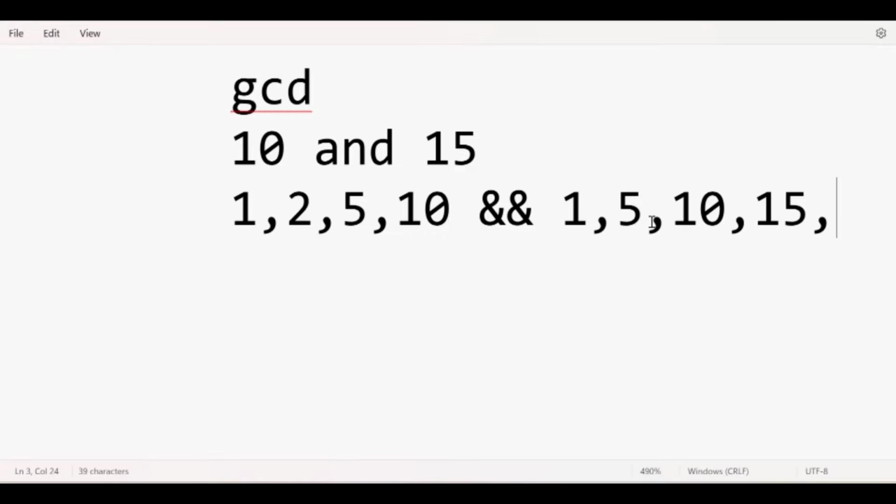So first we have to check which is the smaller number, and for that smaller number we have to take the loop and the iterations. I hope you understood this concept.